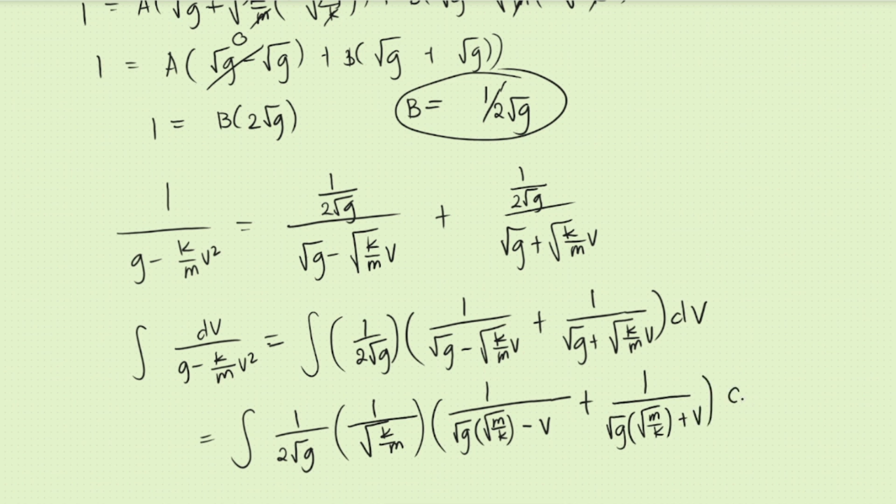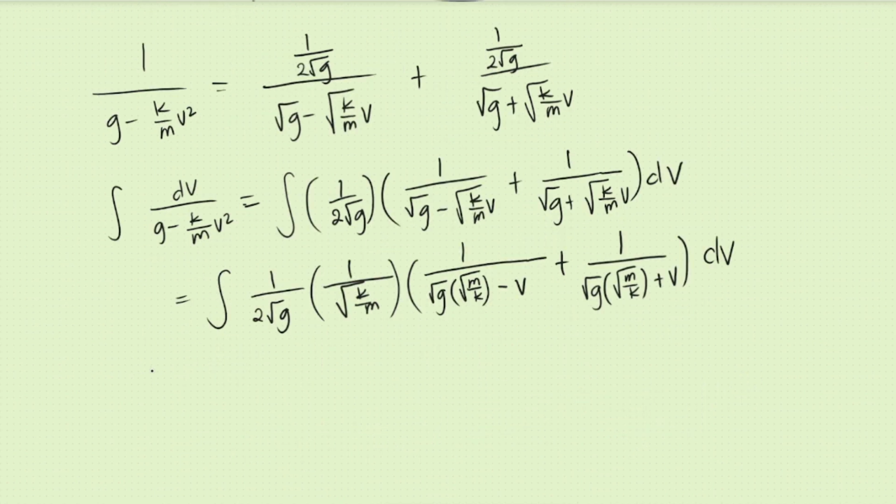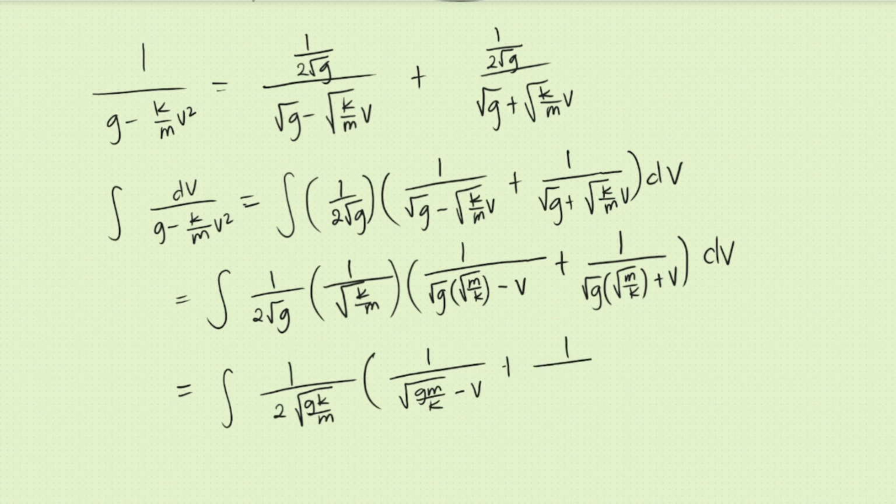I want that to be like that, which is equal to, combining these, 1 over 2 square root of g times square root of k over m times 1 over square root of gm over k minus v plus 1 over square root of gm over k plus v.